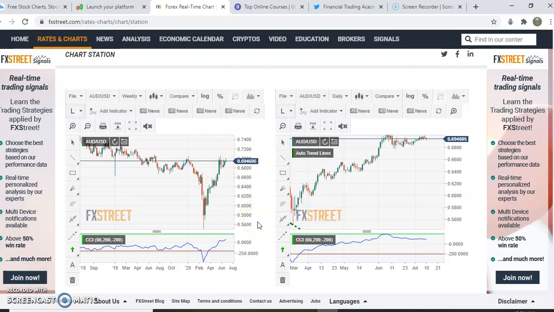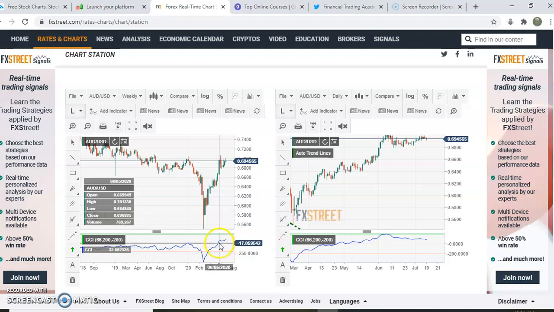Now, if we use the CCI, before triggering any long or any short, we want to have the CCI crossing, in this case, above the zero line. So for longs, above the zero line, while for shorts, crossing below the zero.